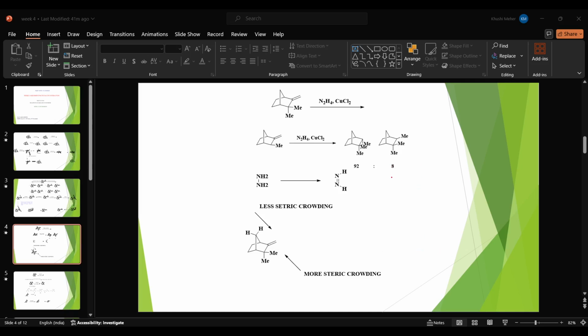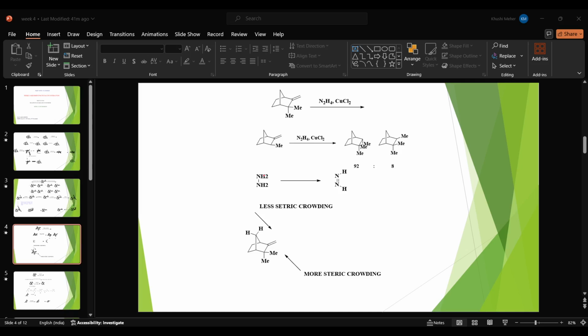But suppose your top face is blocked by the two dimethyl groups. Suppose that instead of two dimethyl groups it is on both faces, then the attack will be from the bottom face. It will depend on the type of substitution, whether it is methyl or ethyl. In such cases you will get a mixture of compounds, one major product and one minor product.